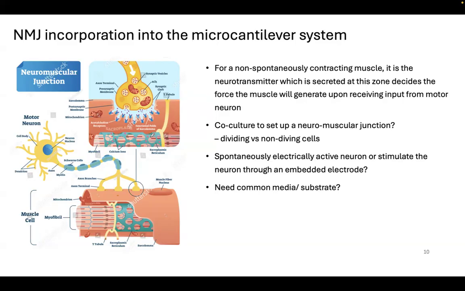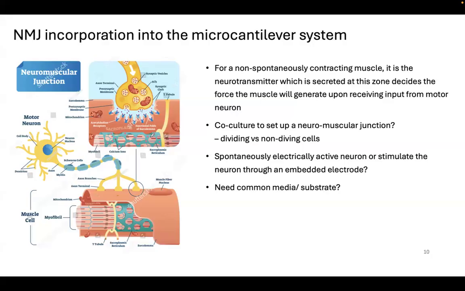You want them to be first myelinated and then talk about disease modeling or drug screening. Likewise, if you want to quantify the force generated by the muscles, they need to generate that force first. And that can only happen when you have these signals coming in.